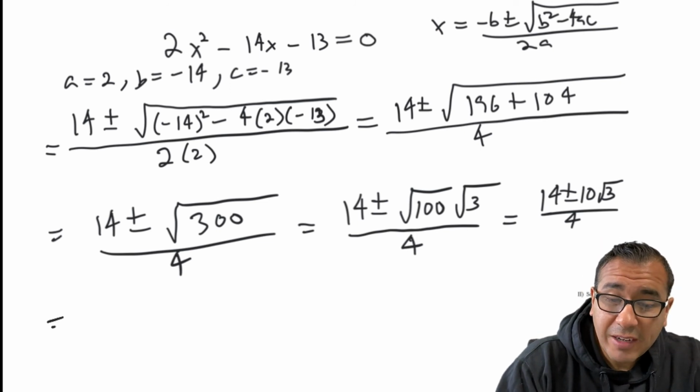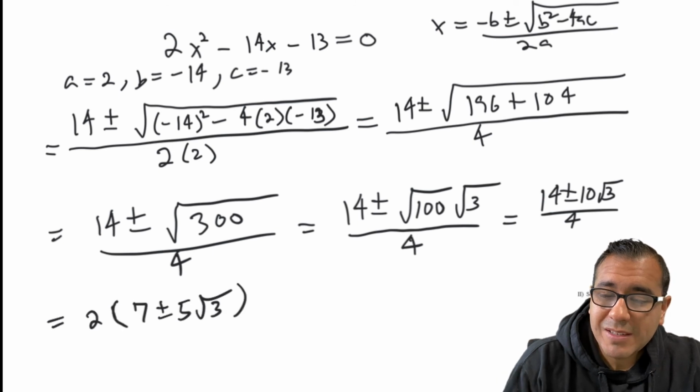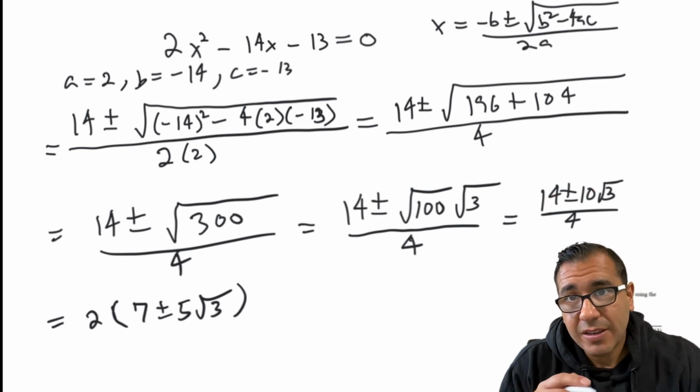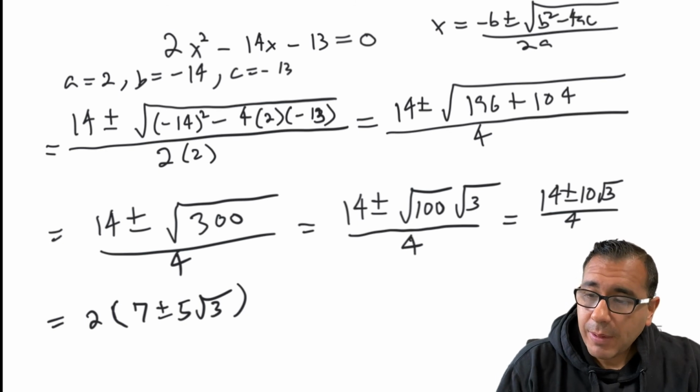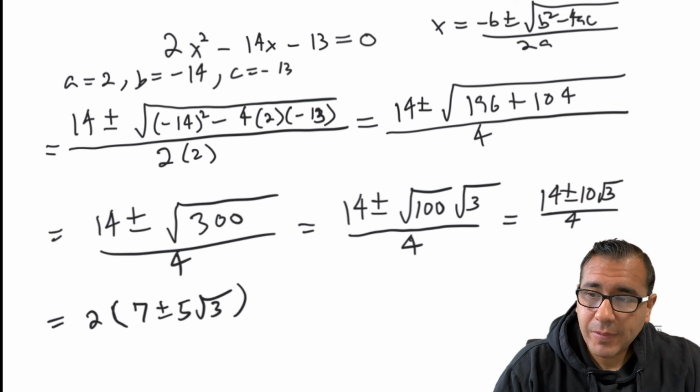So I'm gonna factor out a 2, and that's gonna leave me with 7 plus or minus 5 square root of 3. So basically I'm asking you, what's the biggest number you could divide into 14 and 10? But it has to fit inside both of them, right? So I factored out the 2. And remember, if you were to distribute, it better give you back what you started with, okay?